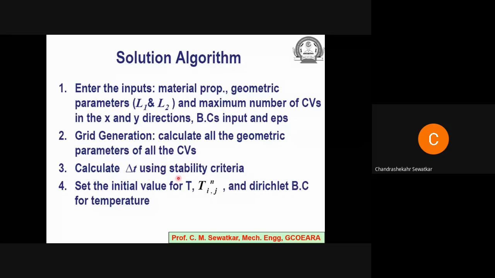And set the initial value. Do remember, while dealing with the earlier problem, I said it is an initial guess, but now this is the initial value, the actual temperature at the beginning. It is also called the initial condition. Set the initial condition for Tij at nth level, and the Dirichlet boundary conditions for temperature, if there are any.